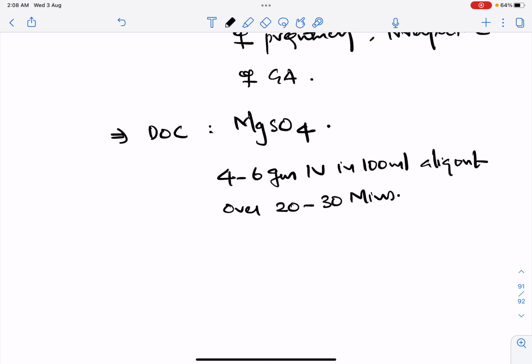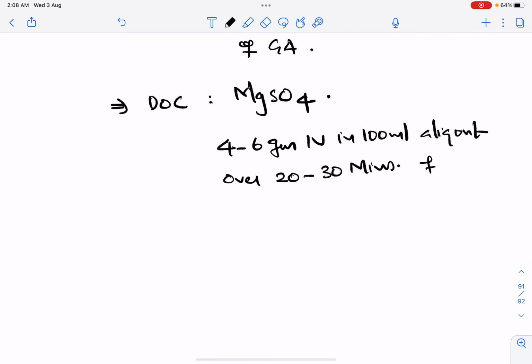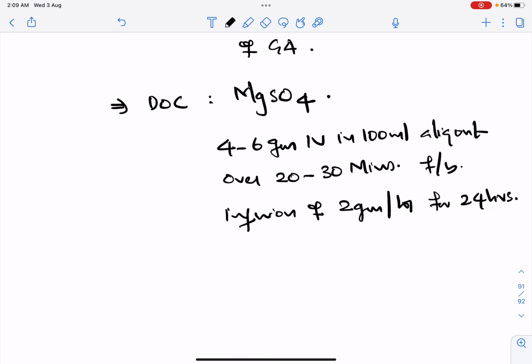It is followed by an infusion of 2 grams per hour, at least for 24 hours.